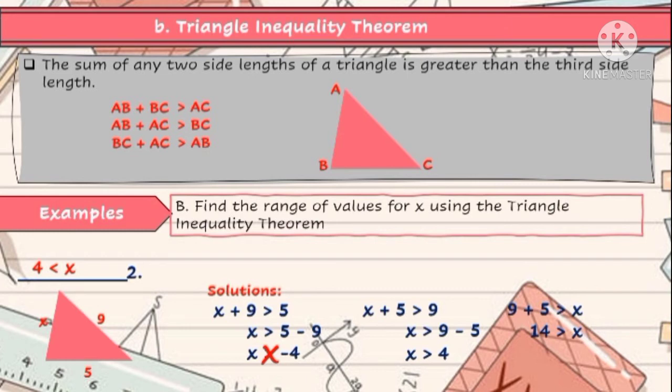For the third solution, add 9 and 5. 14 is greater than x. So let's put this in our final answer: x is less than 14. This is our final answer. It is read as x is greater than 4 but less than 14.